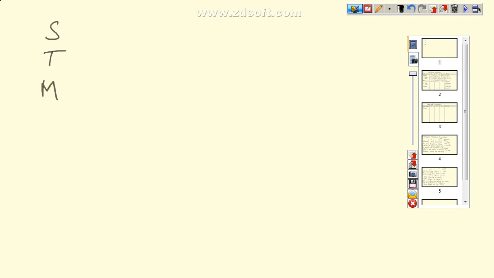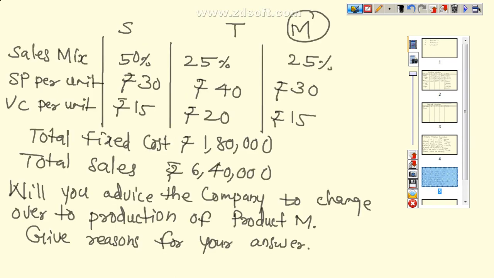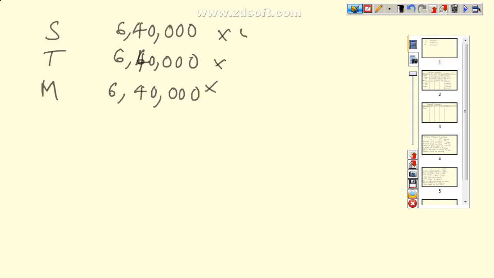S, T, M. Sales is 6,40,000. So we write here 6,40,000 multiplied by the sales mix given for S, T, M, that is 50%, 25% and 25%.